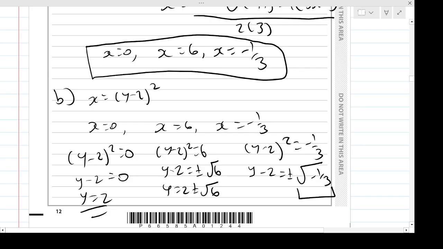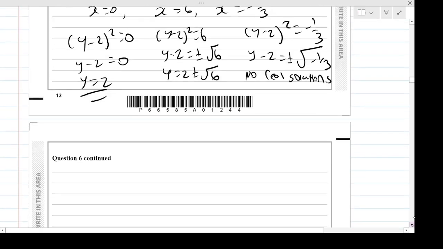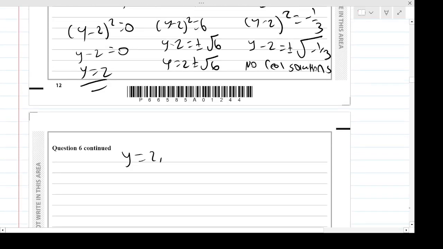So there are no real solutions from here because you can't do a root of a negative. That leads me simply to the only solutions: y is 2, y is 2 add root 6, or y is 2 minus root 6. And there we are.